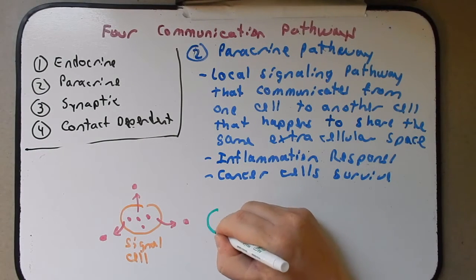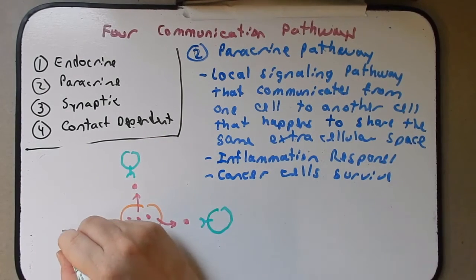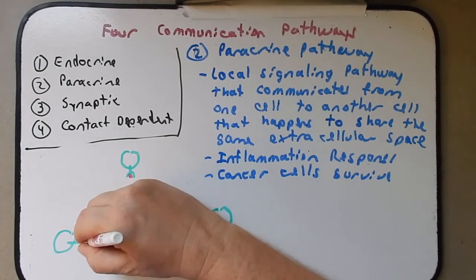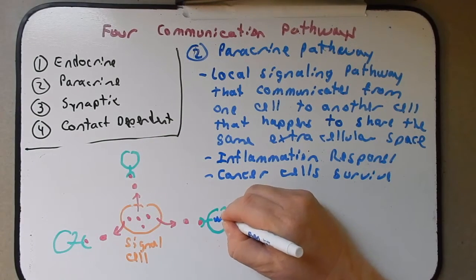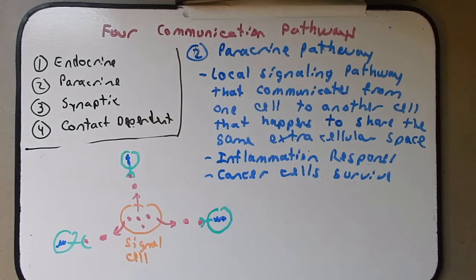And you will have various target cells that share the extracellular space that will bind to this signaling molecule, providing some kind of response in these cells. This allows cells within a similar tissue or in a similar environment to communicate with each other so they can respond in a similar manner.